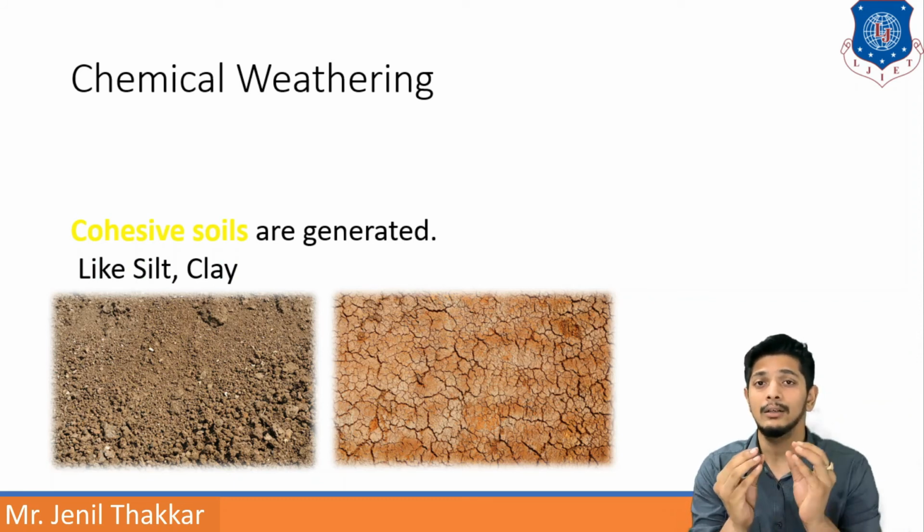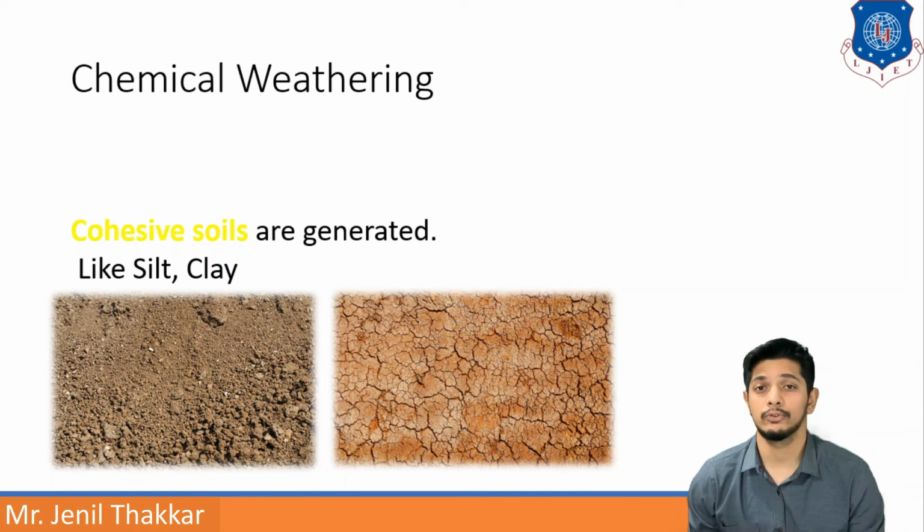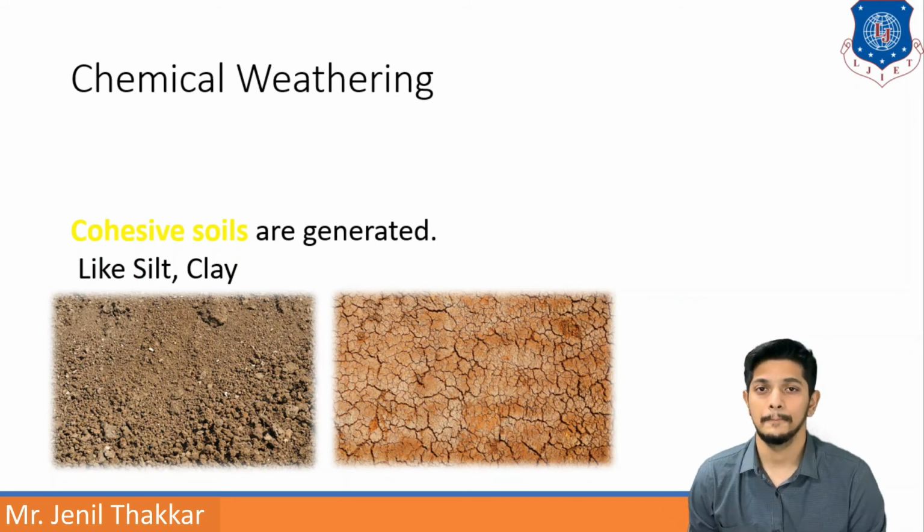And if they are soil particles of different item, different type of soil and they get attracted, that is adhesion. So here cohesive type of soil will be generated. Cohesive means similar kind of particles, similar type of soil particles get attracted. That is how cohesive soil is made. Now cohesive soil like silt and clay, you can see the picture of silt and clay.